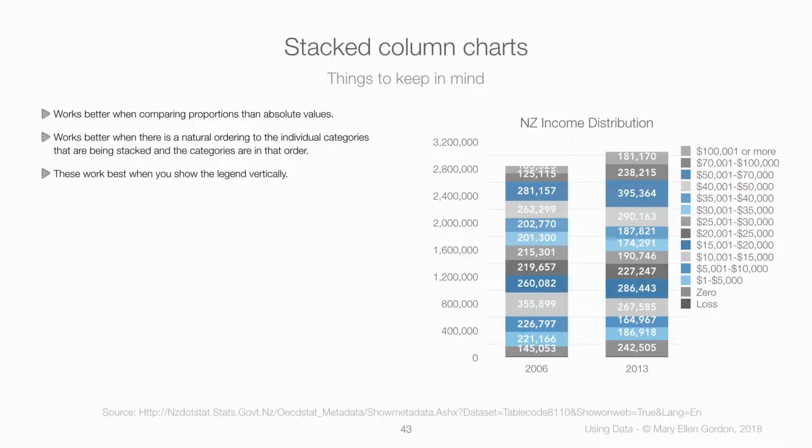As soon as we do that, it distorts our ability to do those comparisons over time because, for example, if we're looking at the number of people who made between $50,000 and $70,000, we can see that it's bigger in 2013 than 2006. Because the total number of people included is bigger in 2013 than 2006, it's a little hard to know whether this proportion is bigger or it's just reflecting a bigger total number of people.